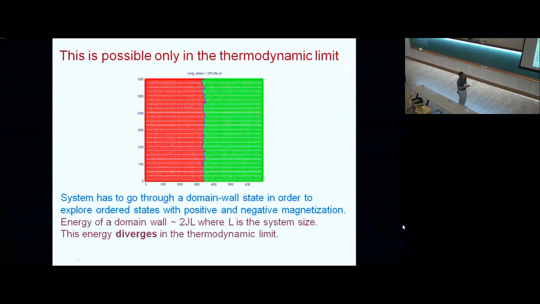If I want to go from red to green, where the majority is preferentially down, then to go from here to there there has to be some kind of a domain wall, which will separate these two. And the energy to create a domain wall would diverge in the thermodynamic limit. So the system chooses to be either in this sector or in that sector. Once it has made that choice, it doesn't see the other sector at all.